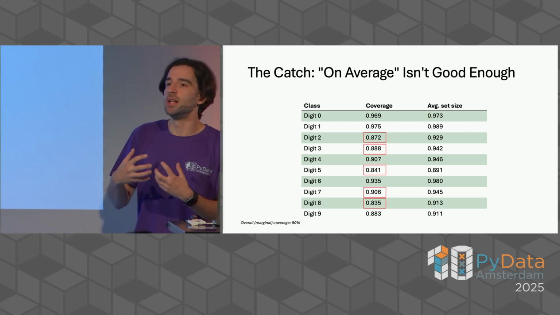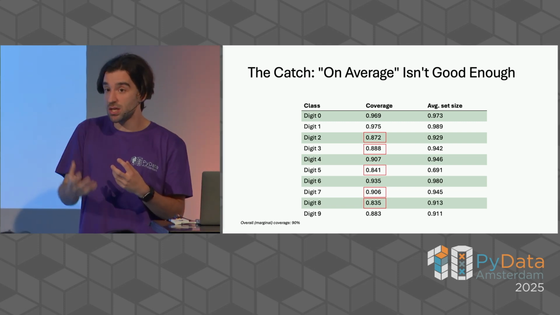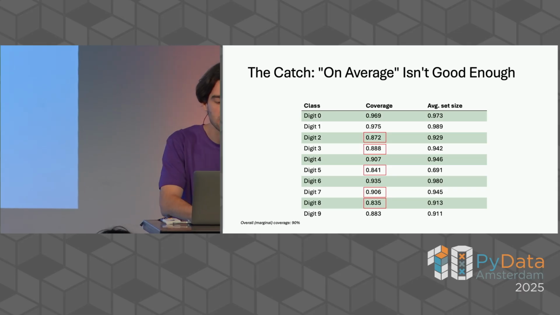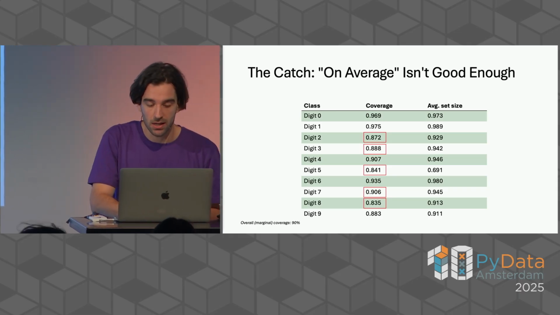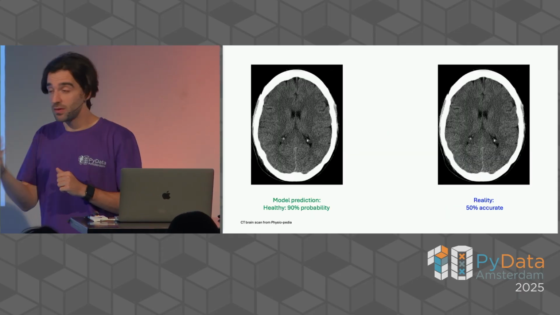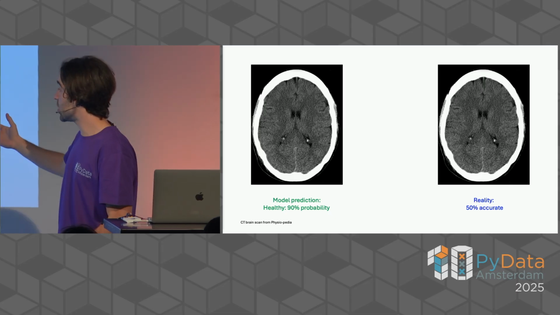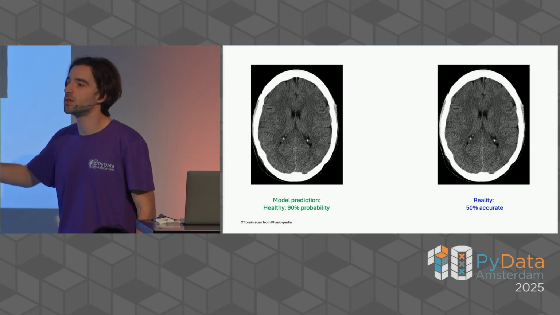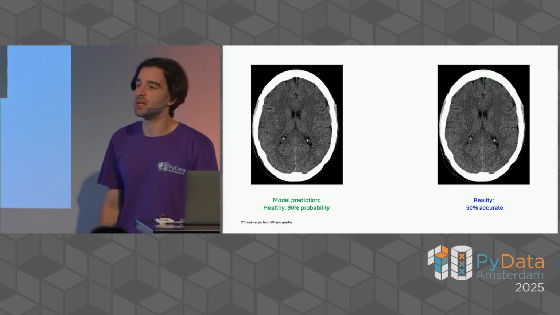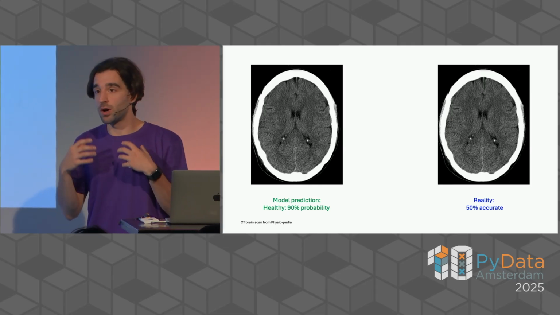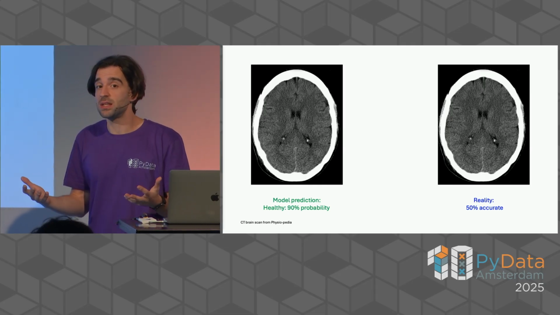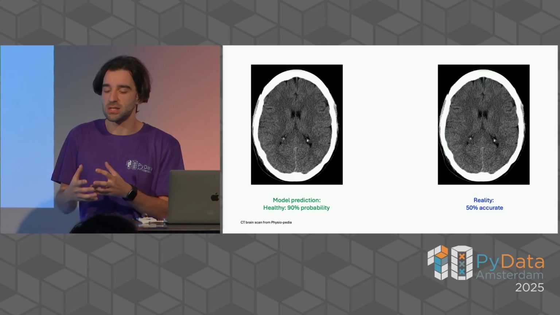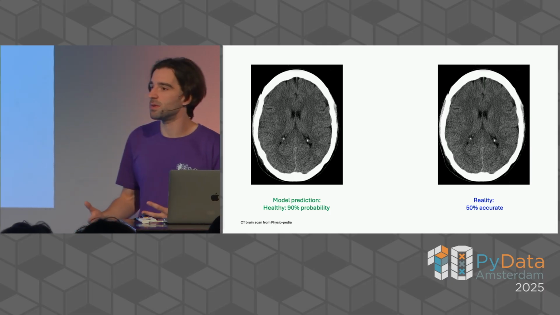Validity is empirically trying to see if this is actually going to be the case. So here, on my first couple of slides, empirically we see that this is actually only 50% of the cases, although the model says, you know what, this individual is healthy 9 out of 10 times. For a probability to stand, when you say 90% probability, it is actually 9 out of 10 times that this is happening.